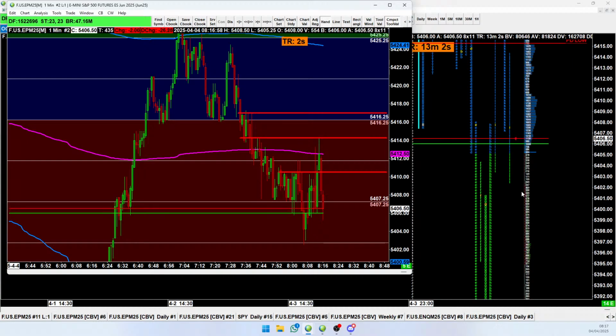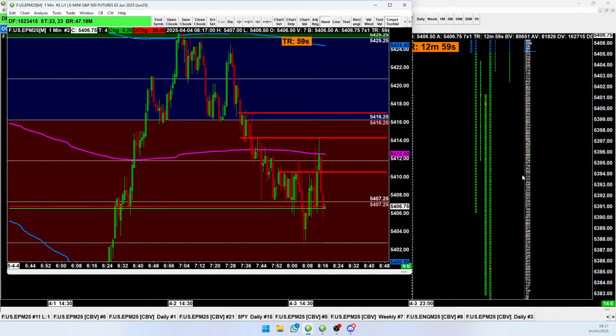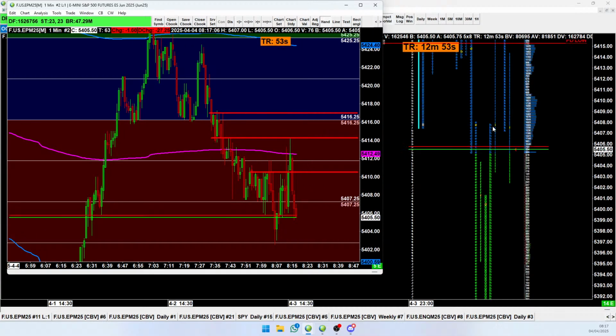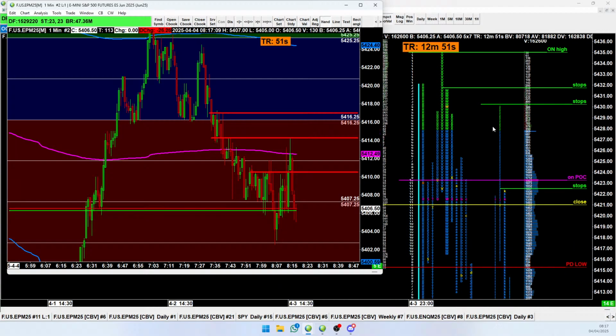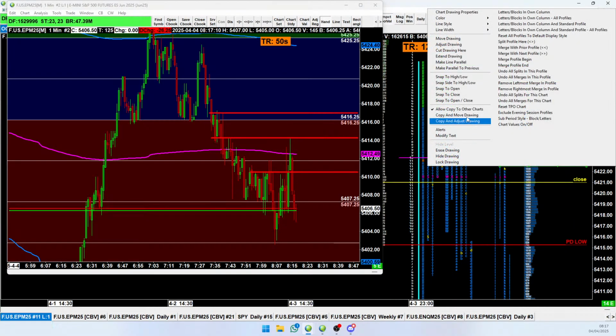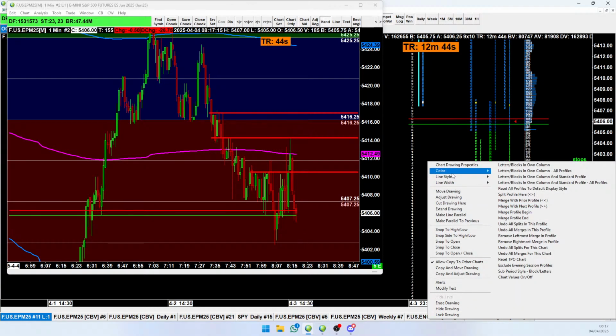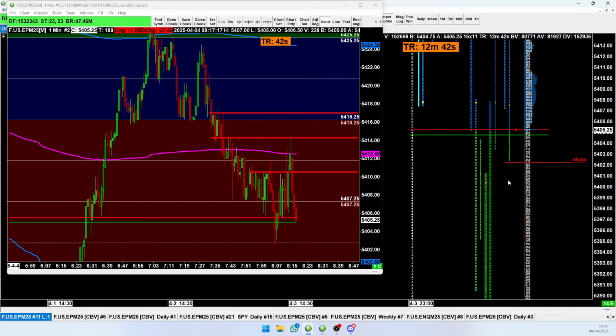All you need to do is understand how this works. And it's really not that difficult. It's the accumulation and distribution of inventory. And right now, this market has a lot of inventory above us because a lot of people are trapped long.